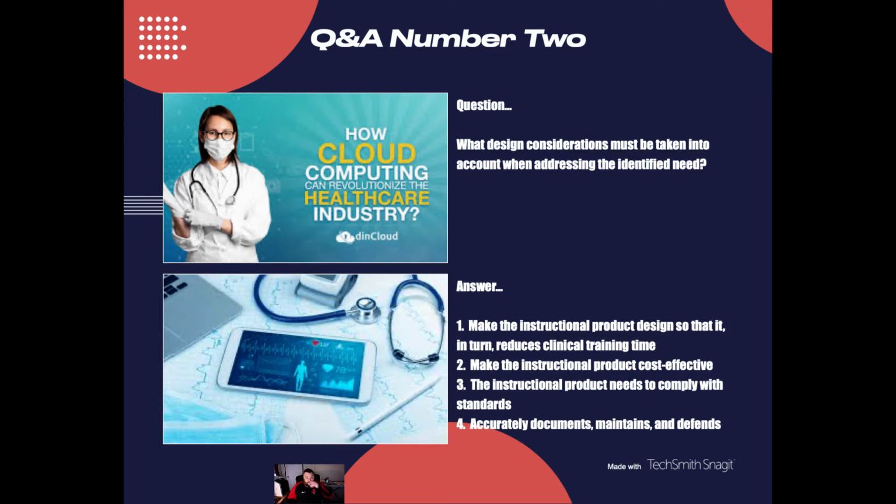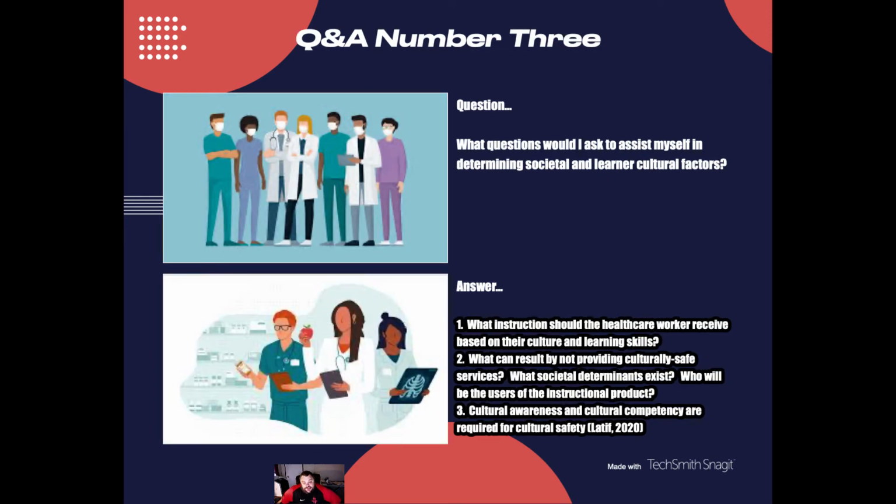Question number 3, what questions would I ask to assist myself in determining societal and learner cultural factors? Okay, so you're getting into these factors a little bit different here. Number 1, I would ask what instruction should the healthcare worker receive based on their cultural and learning skills. So everybody learns different.